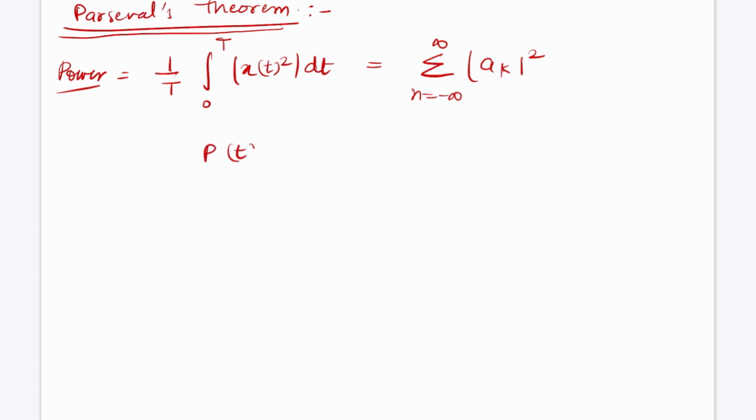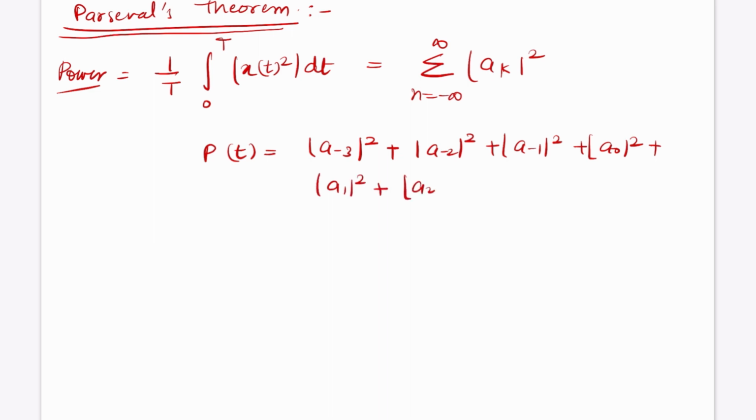So power will be, I can expand it like a of minus 3 whole square plus a of minus 2 whole square plus a of minus 1 whole square plus a naught whole square plus a1 whole square plus a2 whole square plus a3 whole square. These are all the coefficients.